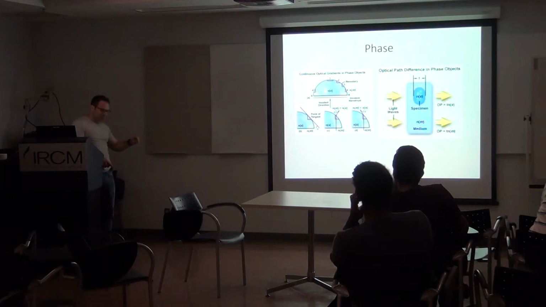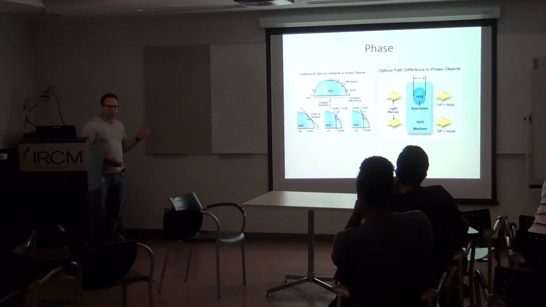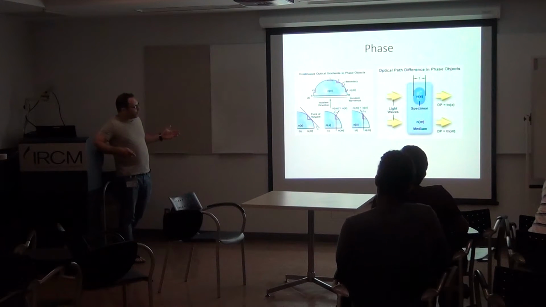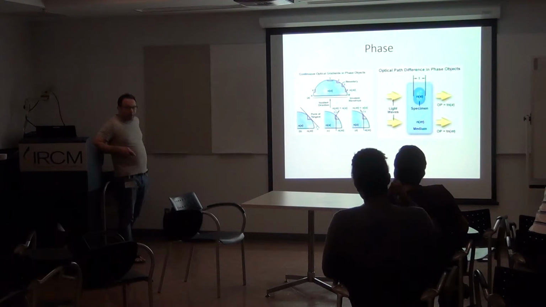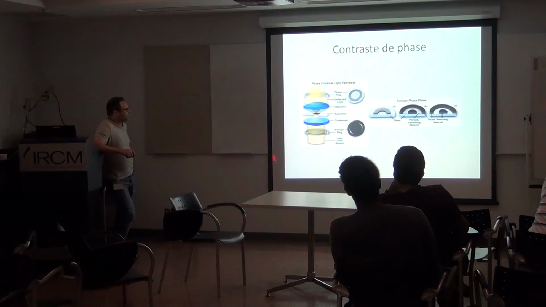So if there is a different refractive index in your specimen, it's going to make the phase retard or advance, and then it's going to produce interference if you find a way to make your light interfere. And this is how it works.